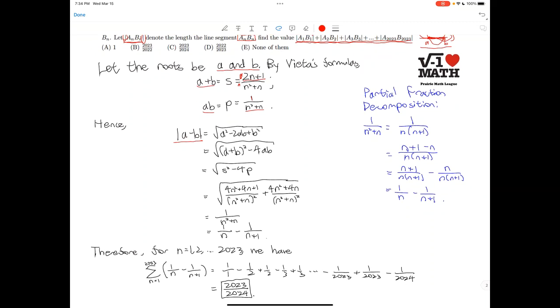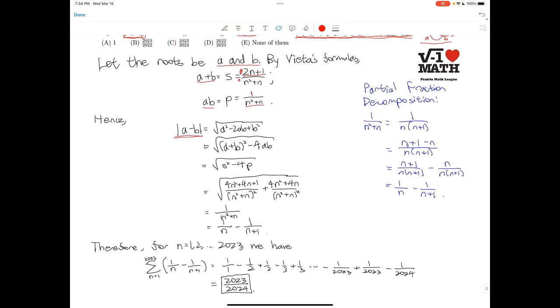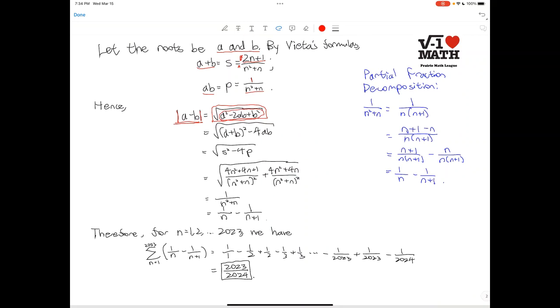So note that the absolute value of a minus b is equal to the square root of the expanded form of a minus b squared. So in this case, we see that a plus b squared is equal to a squared plus 2ab plus b squared, which is slightly different from this value here, in that it's a plus 2ab instead of a minus 2ab.